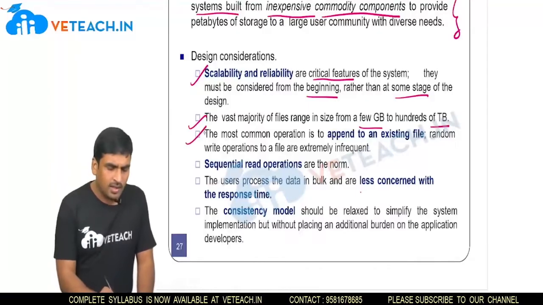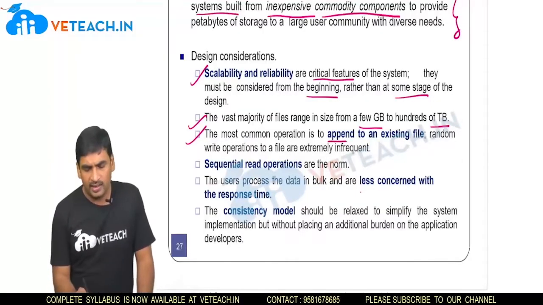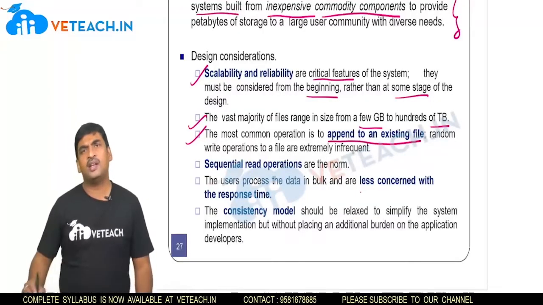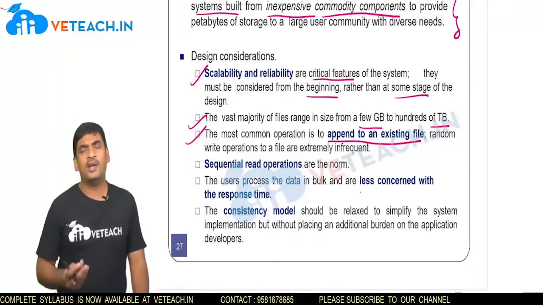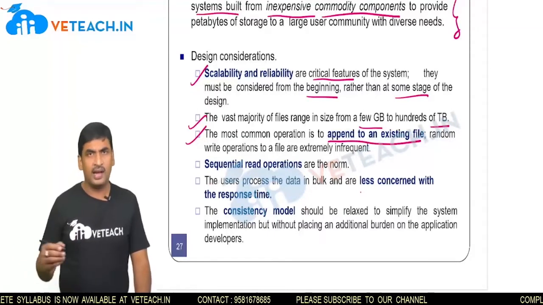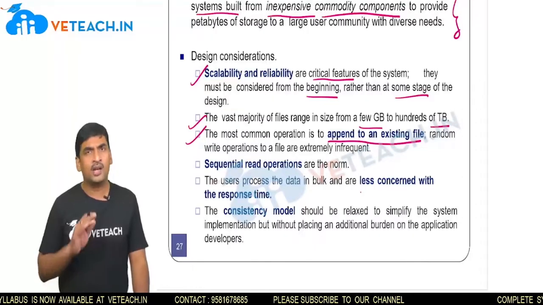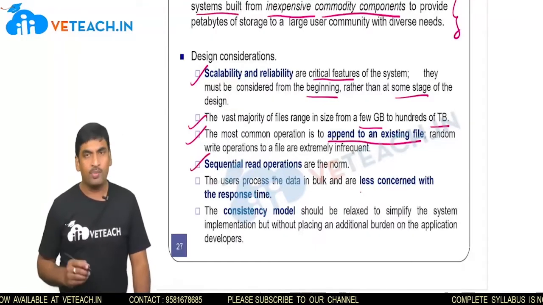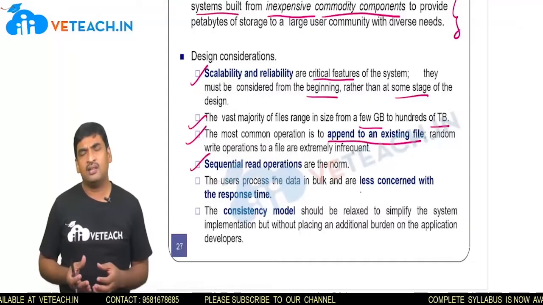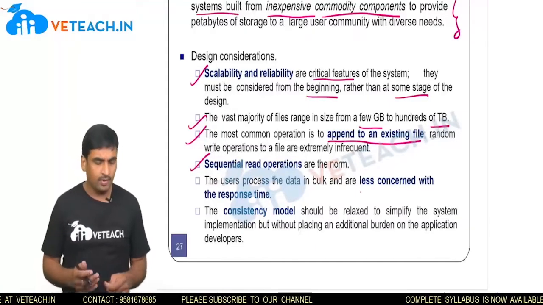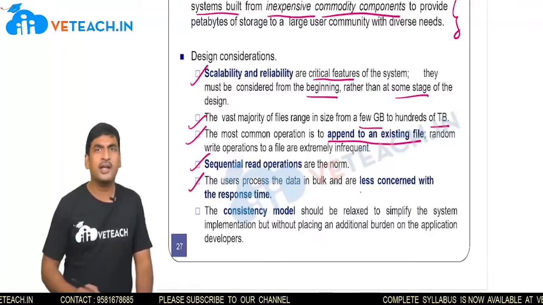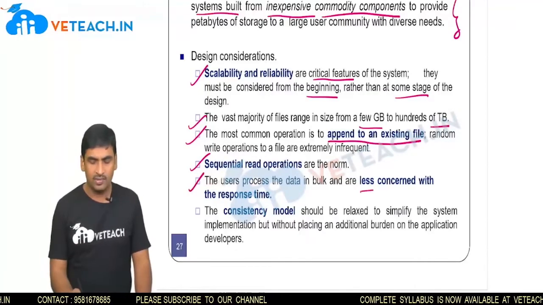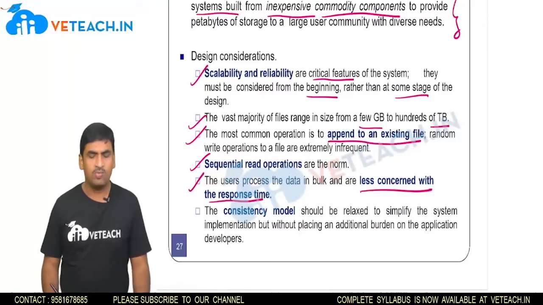The most common operation required here is to append data to an existing file. Random read-write operations are not designed for this GFS. Sequential read operations are frequently performed. Moreover, the users are less concerned with the response time.